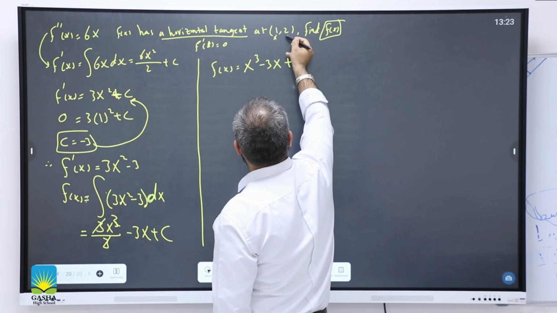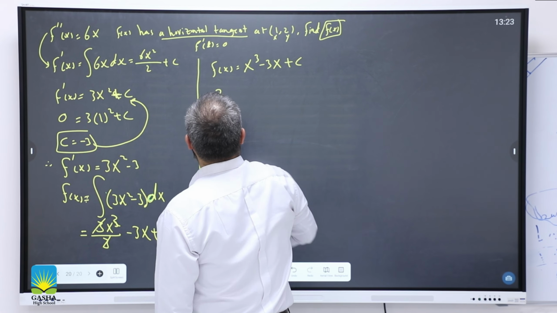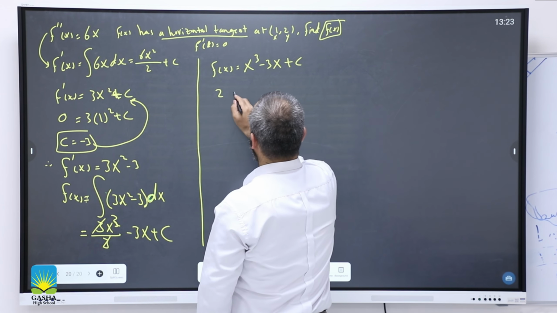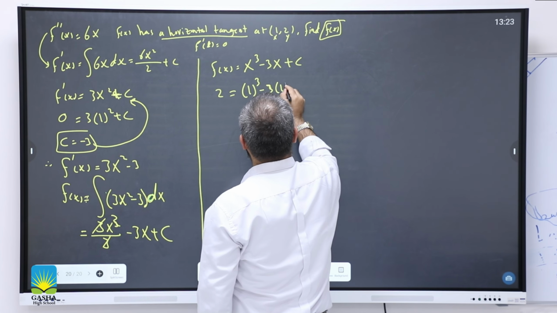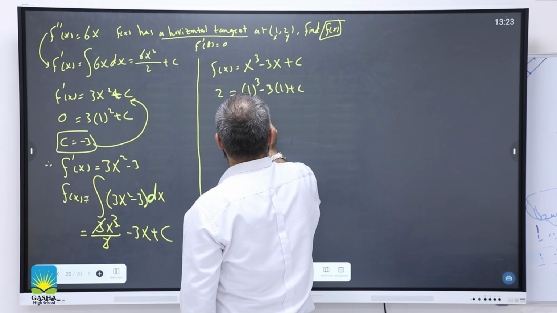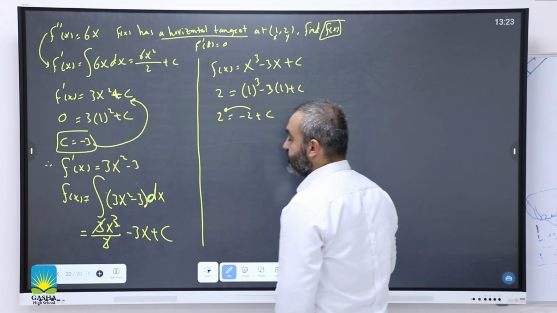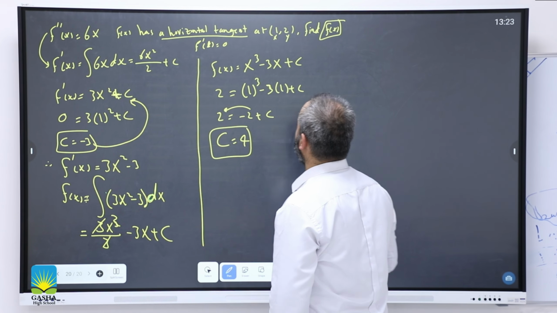And we replace the point here about f of x equal to 1 cubed minus 3 times 1 plus c. So 2 equal to negative 2 plus c. And we move negative 2 over here, so c equal to what? Equal to 4.